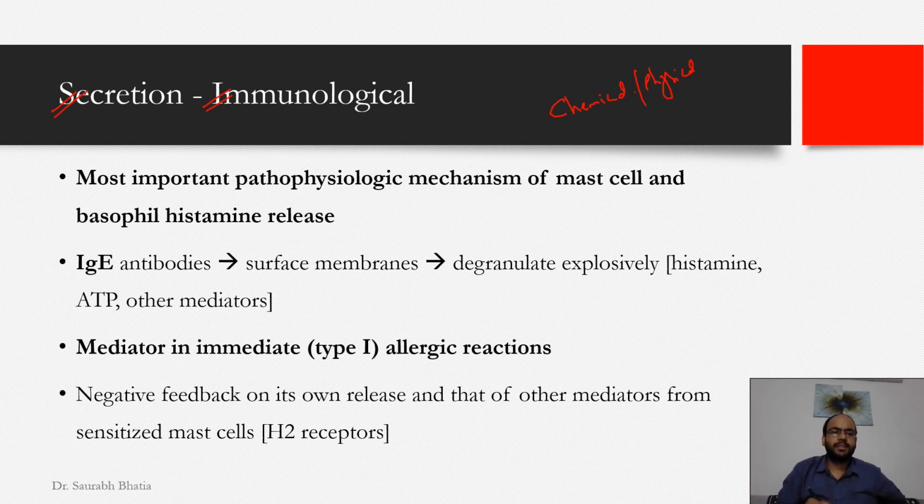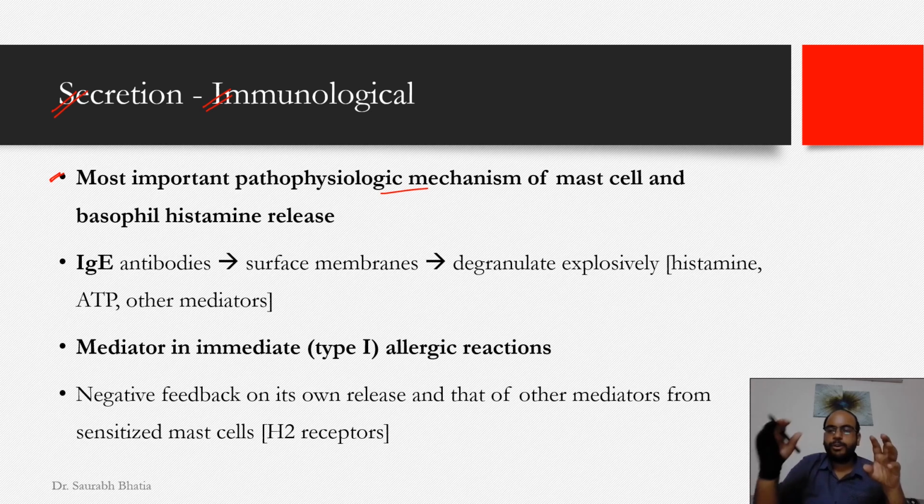Okay, so we'll be discussing the immunological one in this slide. So let me remove this. Yeah. So immunological is the most important pathophysiological mechanism of mast cell and basophil histamine release. So the immunological process is the most important mechanism by which mast cells and basophils release histamine.